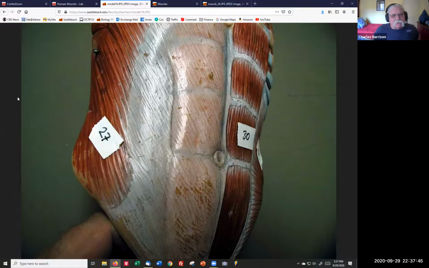It extends downward from the serratus anterior. This is the external oblique muscle, helps to compress the abdominal contents and twist the thigh. The striations in the external oblique run from lateral to medial in a downward direction.